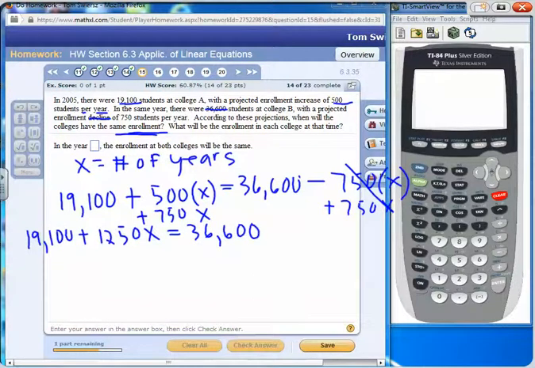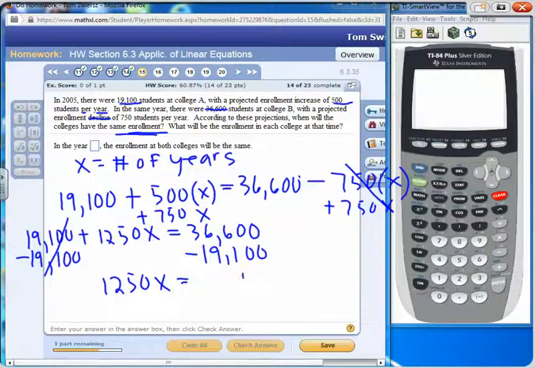That's why we did that. Now, we have the variable on the left side, so we want to get rid of what we're adding, which is the 19,100, so we're going to subtract 19,100 from both sides. This will give us 0.